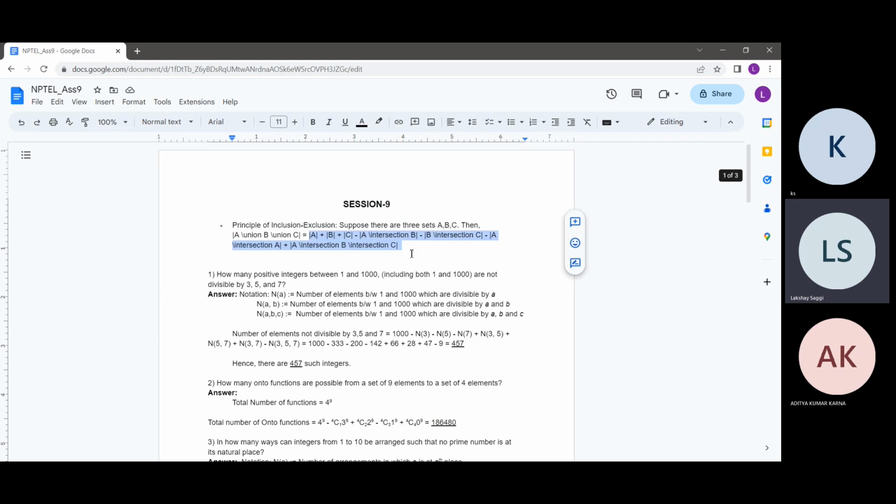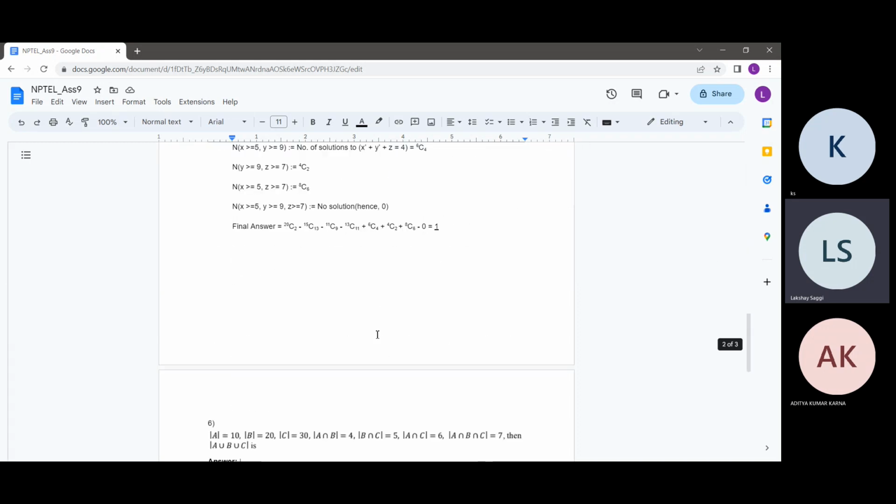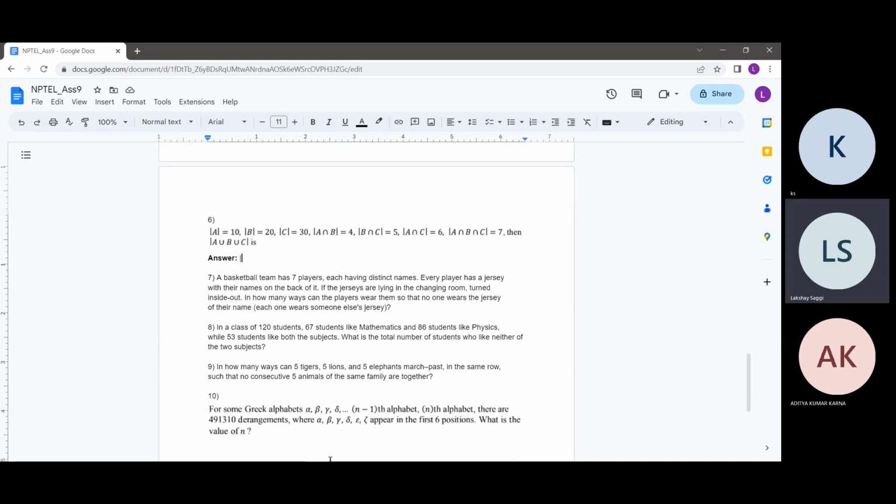This is what I discussed in the starting, and this is what the question is asking. So maybe we can just calculate it. KS is saying in the chart it's 52. Maybe I'll just calculate it. So A union B union C is equal to 10 plus 20 plus 30.